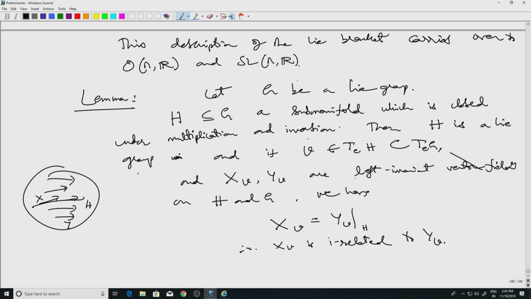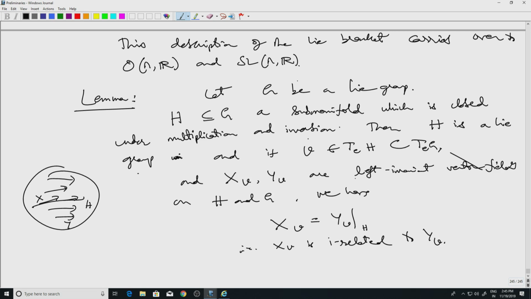But actually the way I defined a submanifold is somewhat restrictive, and what is generally called a Lie subgroup in the literature is something more general than this. But what I have defined is certainly a special class of Lie subgroups.